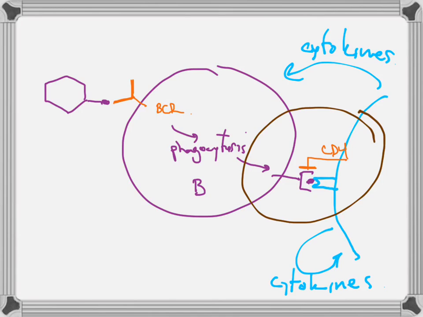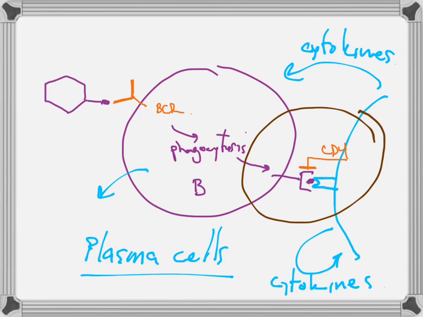Some of those B cells become what we call plasma cells. And the main function of those plasma cells is to just kick out boatloads of antibody. We're talking about 80% of the proteins that are produced in those cells is antibody. Now an antibody is going to be secreted from these cells. So they're actually going to be released from those B cells.